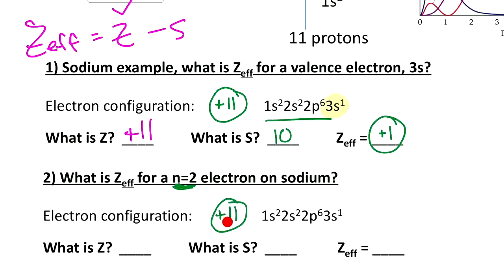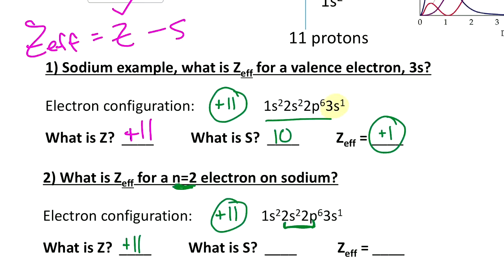My nucleus is positive 11, so my Z is still plus 11, but now my shielding is different, right? The difference is sitting in the back row versus sitting in a middle row. Since now I'm an n equals 2 electron, I'm one of these electrons in this row. I could be in an s orbital or a p orbital. I don't know which one. I just said n equals 2.